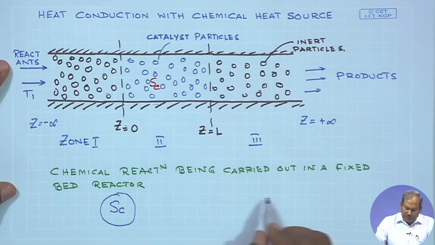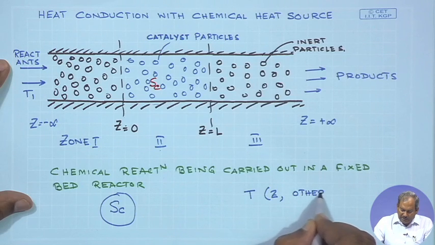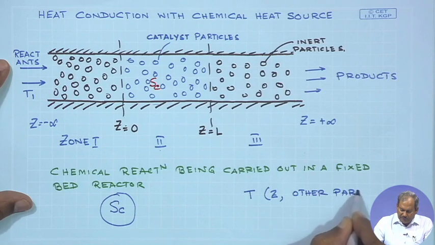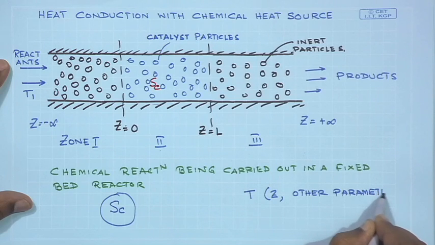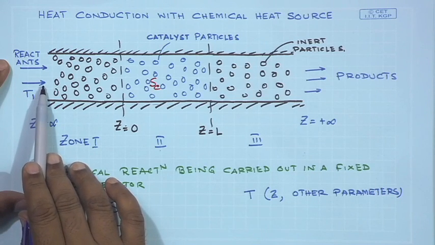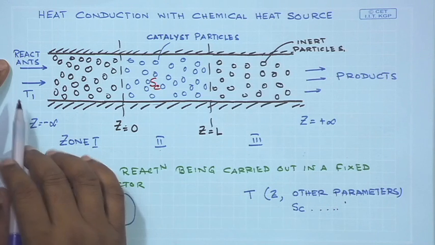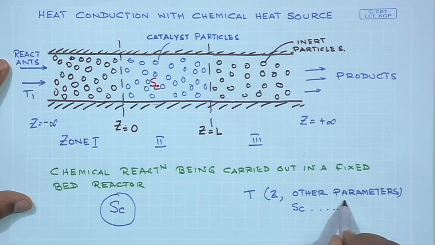And our job is to find out T as a function of z and other parameters, and of course, the other parameters would consist of the temperature at which the reactants are coming in, the amount of heat generation due to the reaction, and few other conditions such as the flow rate of the reactants that is coming in and other factors.